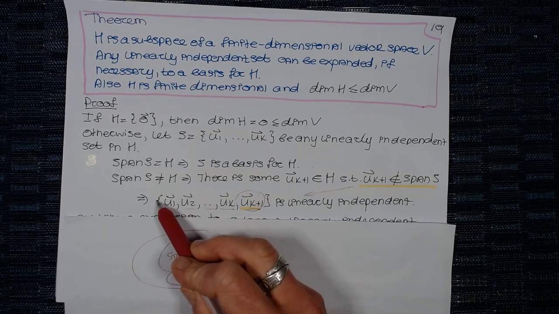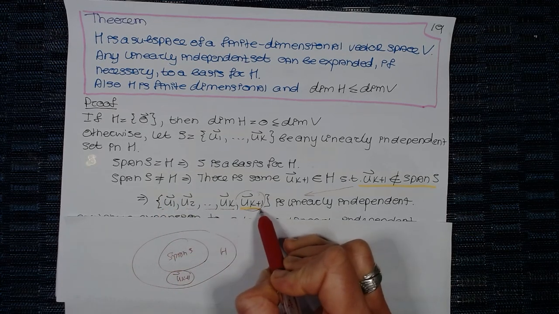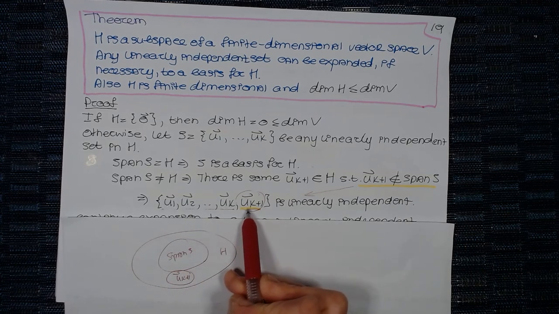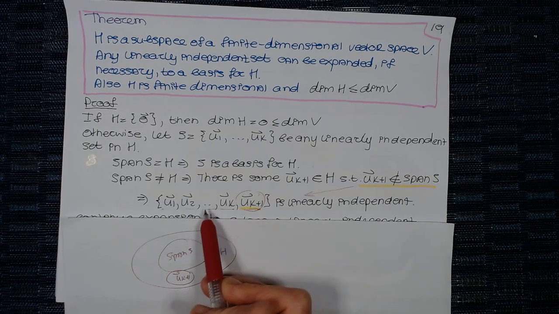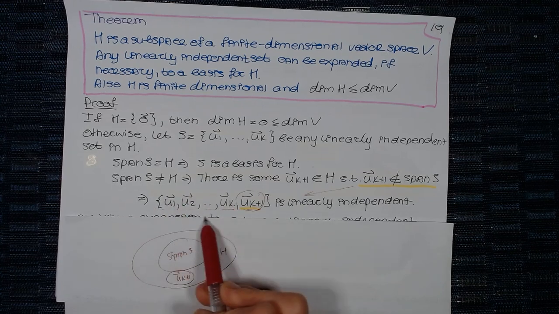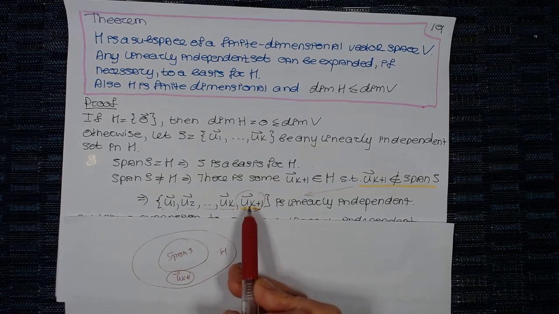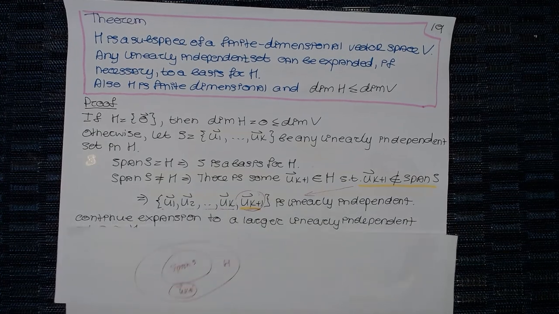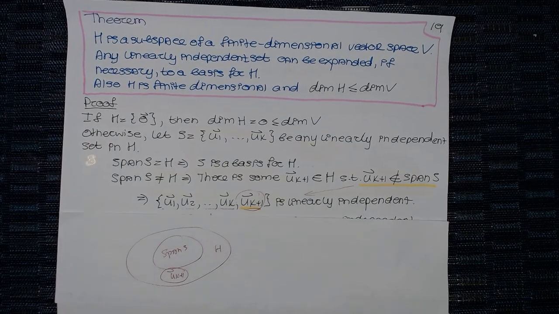But because uk plus 1 is not in the span of S, I know that uk plus 1 is not a linear combination of the vectors u1 through uk. And since it is not a linear combination of those vectors, my resulting set will be linearly independent. That makes sense?